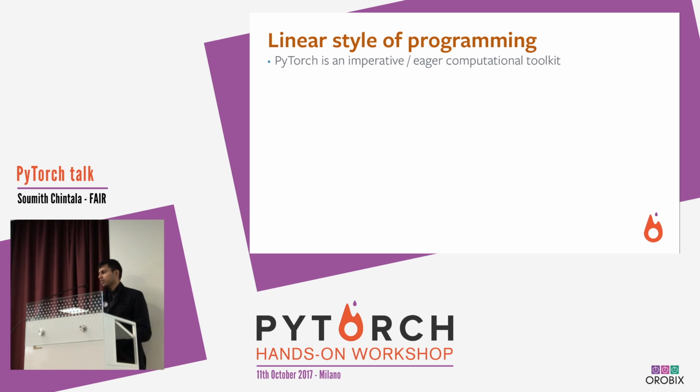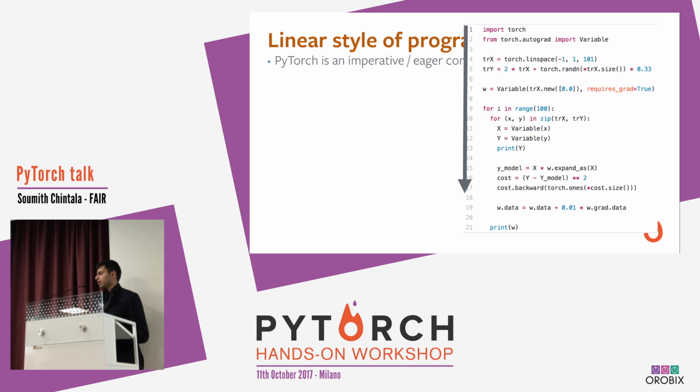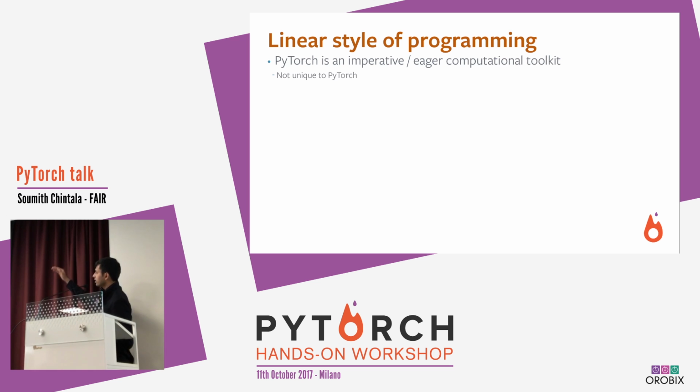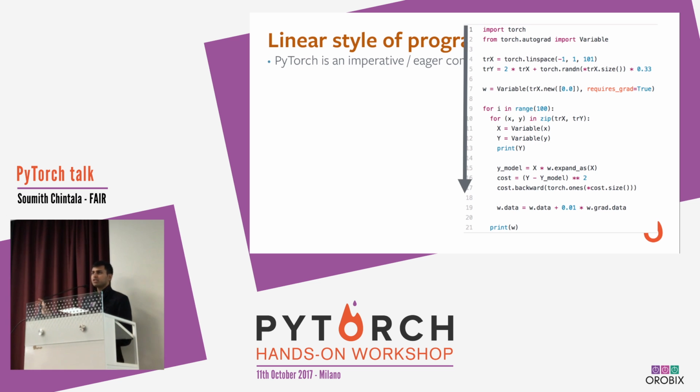So because PyTorch is an imperative framework, you have linear code flow. That is, if you're reading your code, you don't have to jump around 3 files on how something is getting executed. And similarly for debugging, you can stop in the debugger, inspect variables, and this is something imperative frameworks do provide, and PyTorch is one of them.